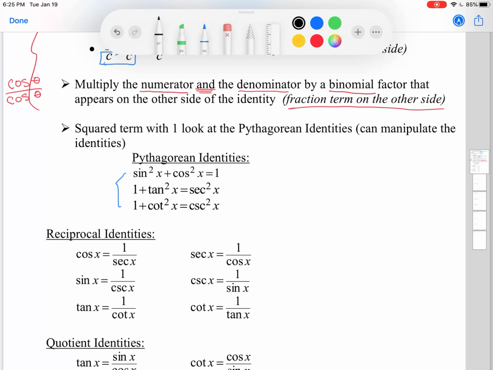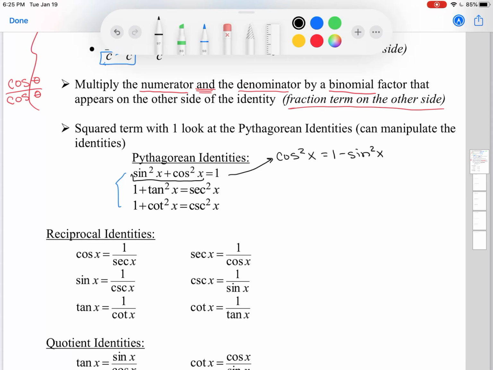And then it also says you can manipulate them. So what that means is it doesn't always have to say sine squared plus cosine squared equals 1. It can also be cosine squared x or theta. Doesn't necessarily mean it has to have theta or x. It can also equal 1 minus sine squared theta. All I did was subtract the sine squared over.